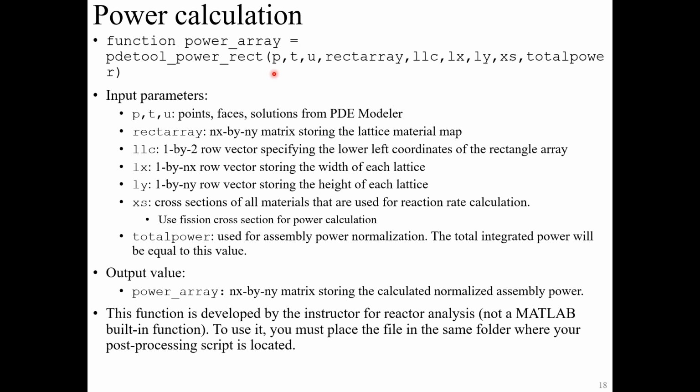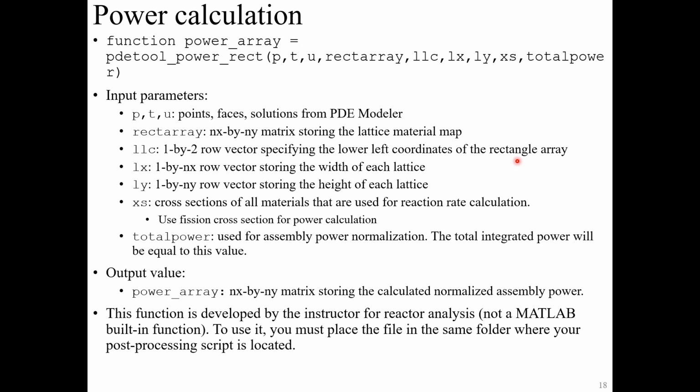You need to export your result and also export your meshes. Rectangular array, so that is an nx by ny matrix. So this is your material map. Then the lower left corner coordinate will be a 1 by 2 row vector, the coordinate of the lower left corner of your rectangular array.